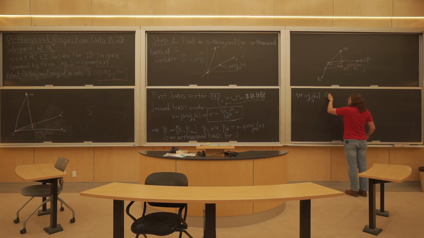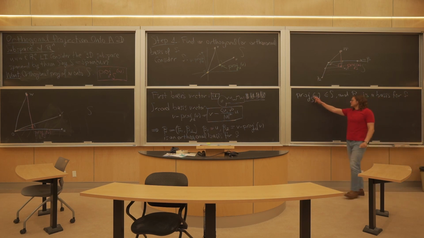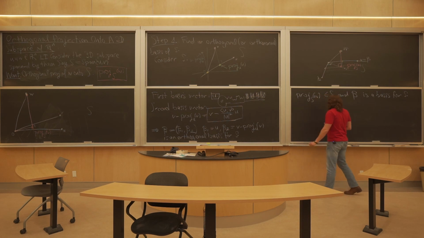So this is supposed to be in the subspace S, and beta is a basis for S. So really, to specify this vector, all I need to do is to say what the coefficients are if I'm using beta 1 and beta 2.